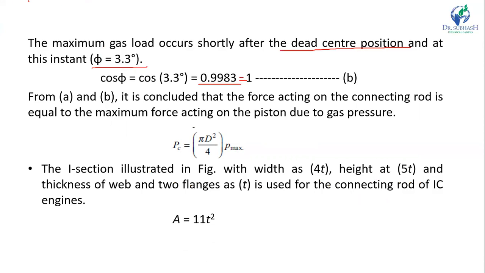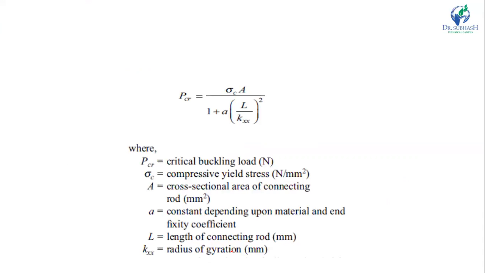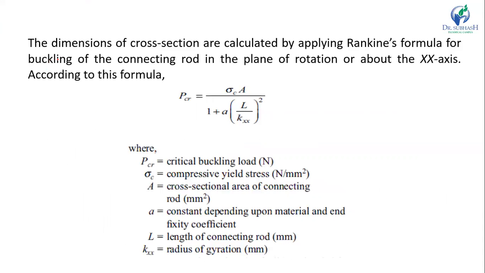Now A is equal to 11t square, and radius of gyration is equal to 1.78t, as we have already defined. So the dimensions of the cross section are calculated by applying the Rankine formula for buckling of the connecting rod in the plane of rotation or about the axis.